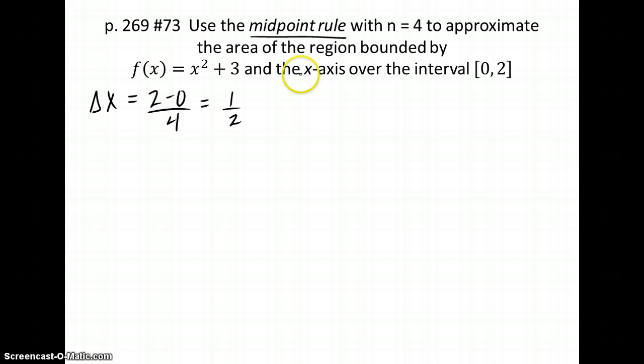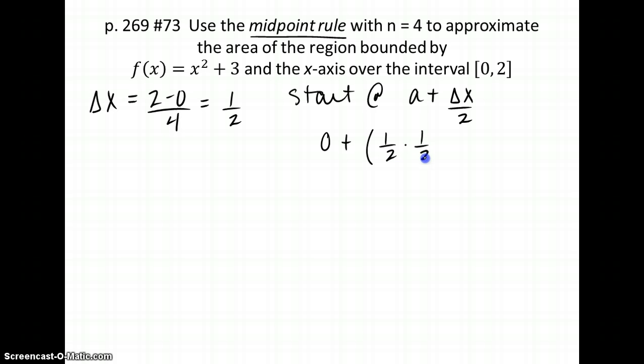Now, where do we start for the function values? A plus delta x over 2. A is equal to 0, delta x is equal to a half, and then we're dividing that in half as well. So the first value we plug into the function to get the height of the rectangle will be 1/4.